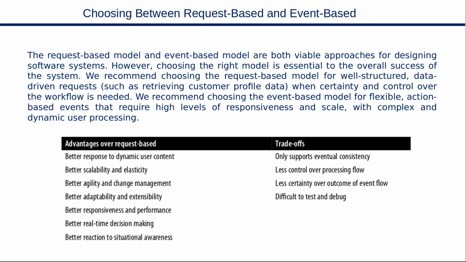It is recommended to choose the request-based model for well-structured data-driven requests, such as retrieving customer profile data, when certain control over the workflow is needed. And it is recommended to choose the event-based model for flexible actions, events that require high levels of responsiveness and scale with complex and dynamic user processing. Here you can see the trade-offs between, for example, better response to dynamic user content. A trade-off is that it only supports eventual consistency, and so on.